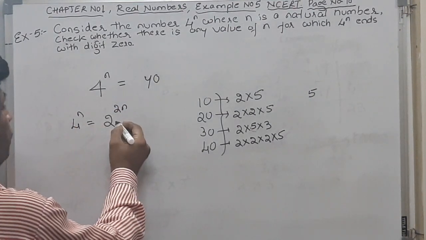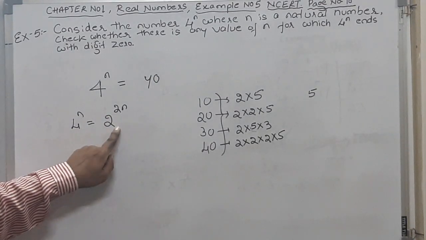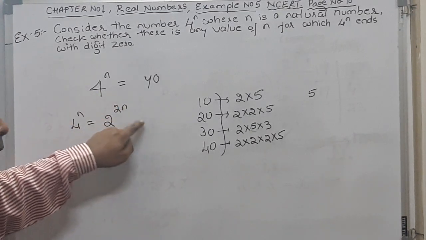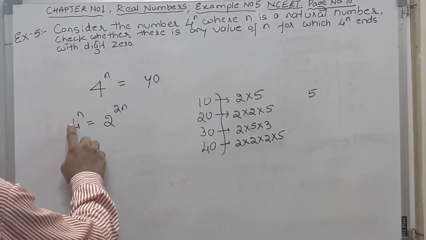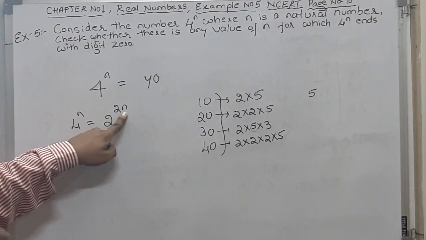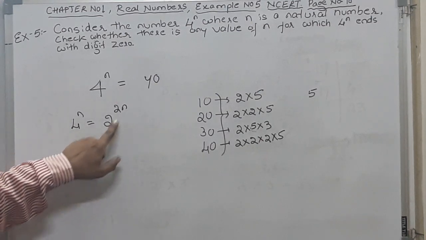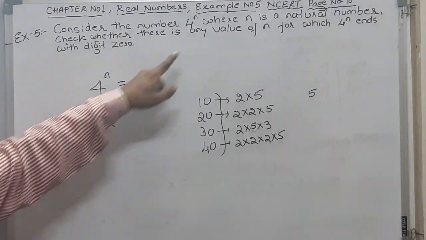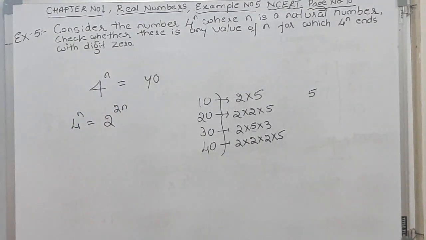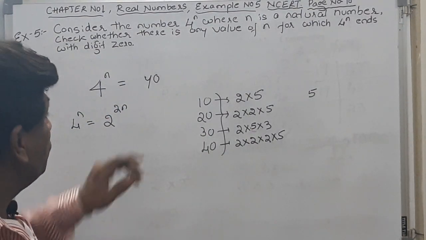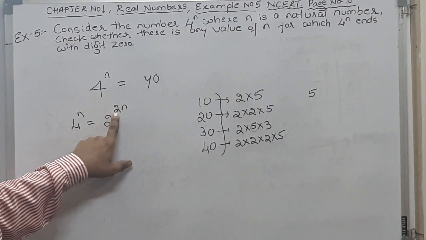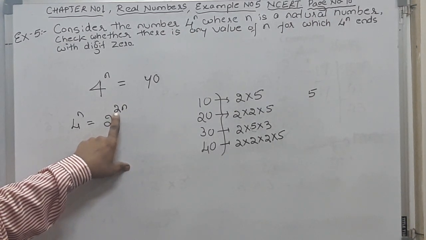Meaning 2 into 2 is 4, and this repeats n times. For any value of n, 4 converted into prime factors is 2 raised to 2, and n is a natural number. So whatever natural number you put, the power is a multiple of 2, so only 2 appears as a factor, and 5 never comes here.